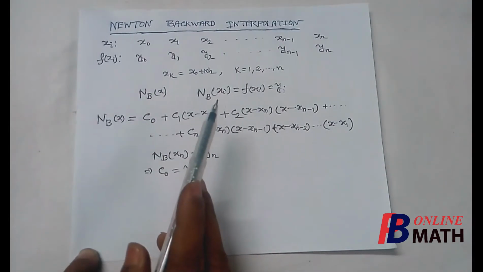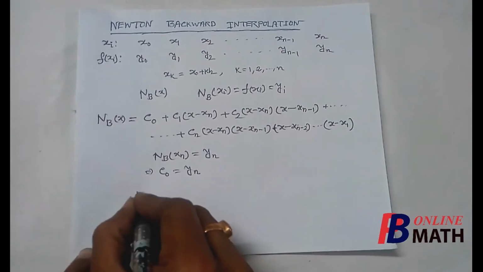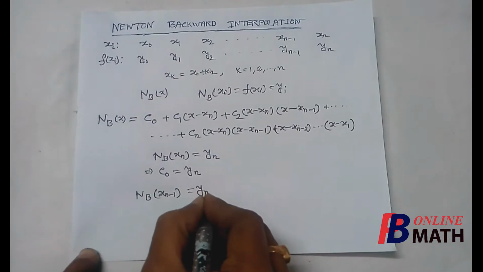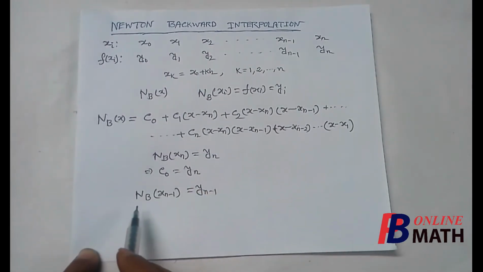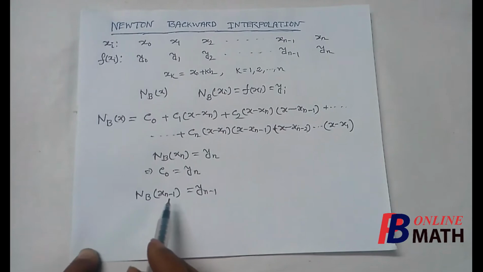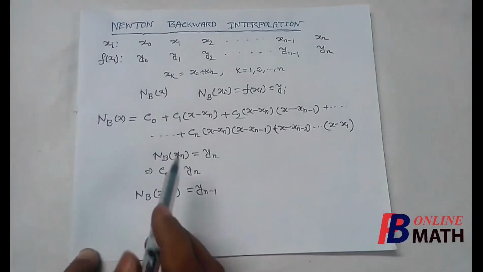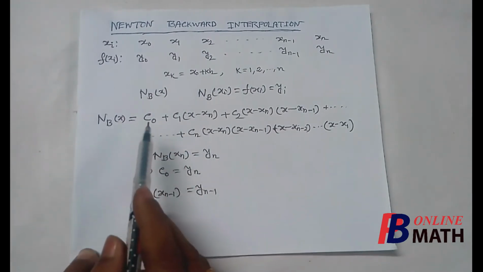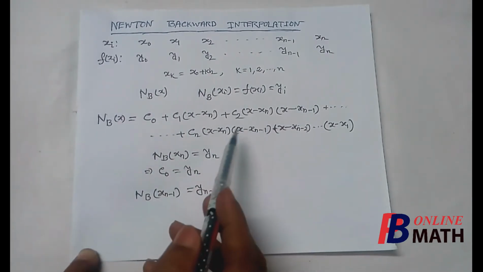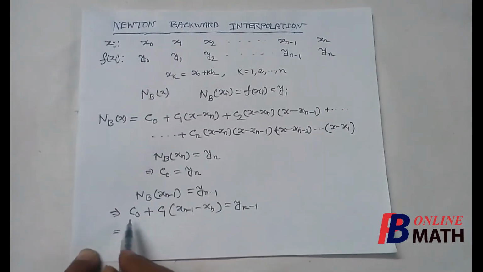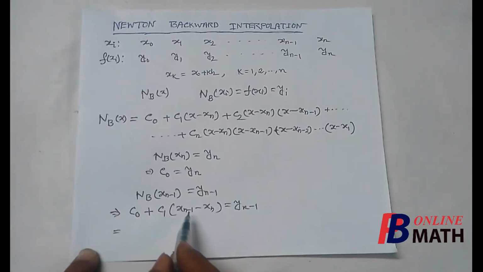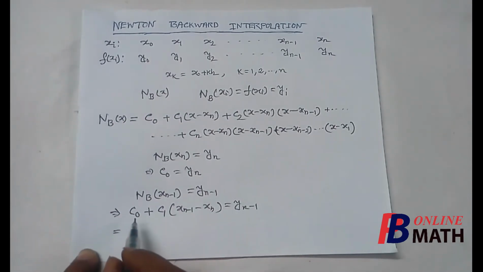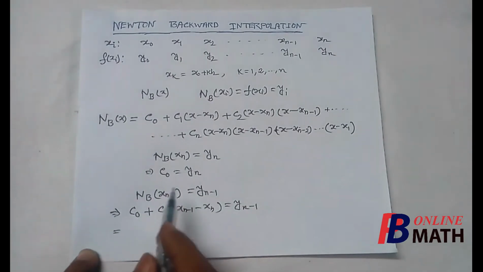Next we shall use the second last condition, that is Nb(xn minus 1) is equal to yn minus 1. The value of this polynomial at the point xn minus 1 must be equal to yn minus 1. If we put x equal to xn minus 1, then except for the first two terms, all the remaining terms vanish. So c0 plus c1 into (xn minus 1 minus xn) is equal to yn minus 1. Now what is the value of c0? We have already obtained that c0 equals yn.